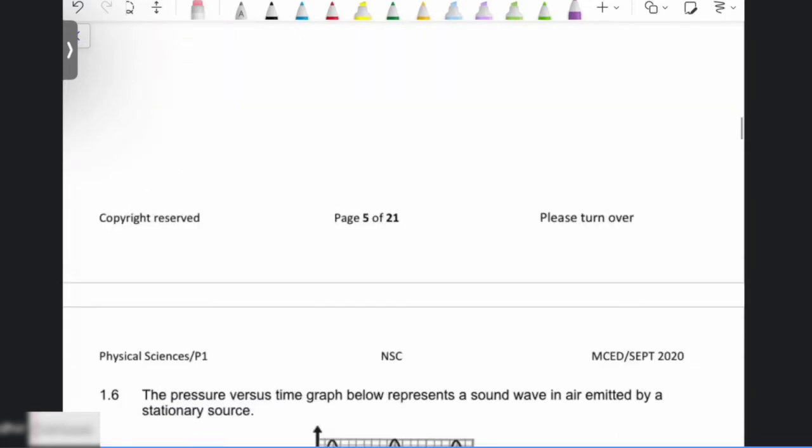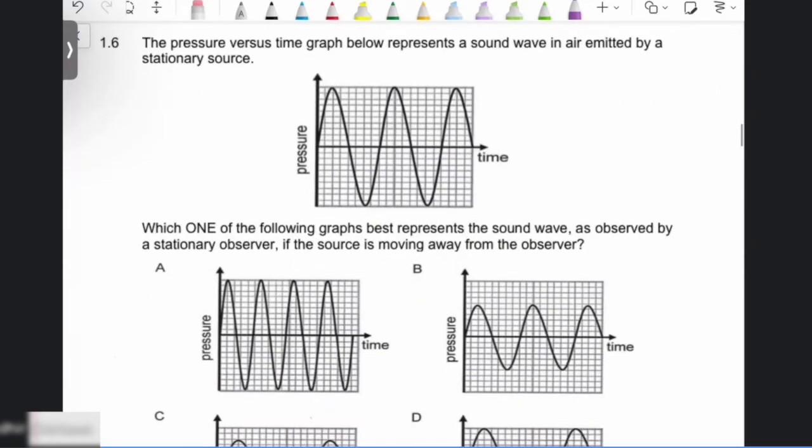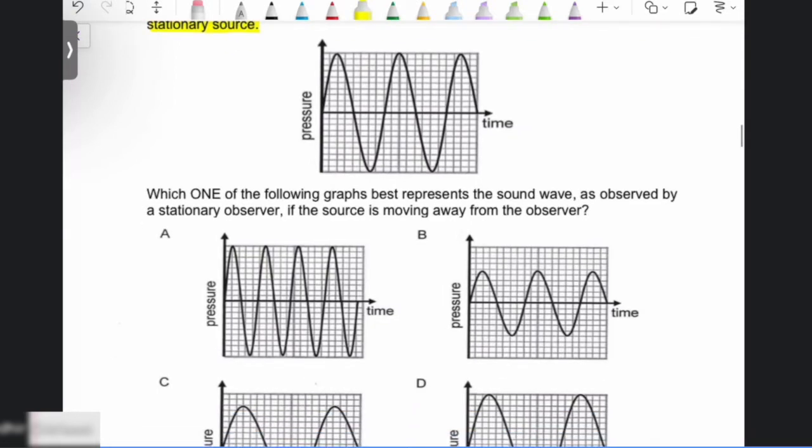Okay, next up for 1.6, it says the pressure versus time graph below represents a sound wave in air emitted by a stationary source. Okay, so that's fine. It says which one of the following graphs best represents the sound wave as observed by a stationary observer if the source is moving away from the observer?